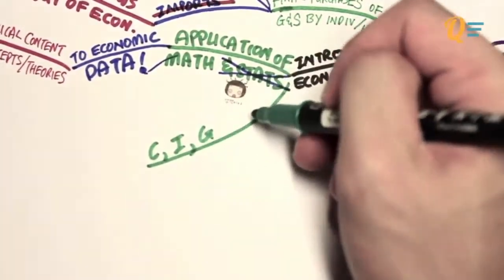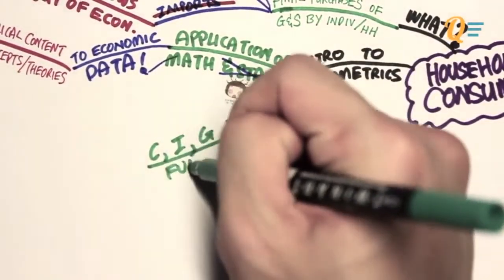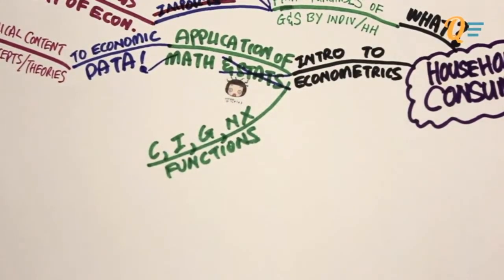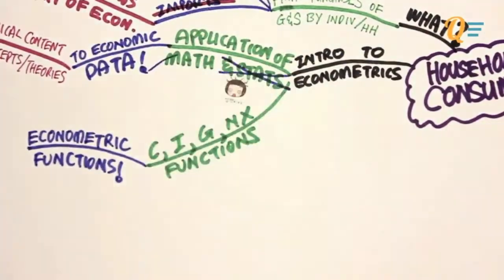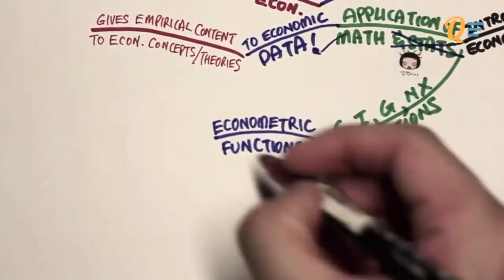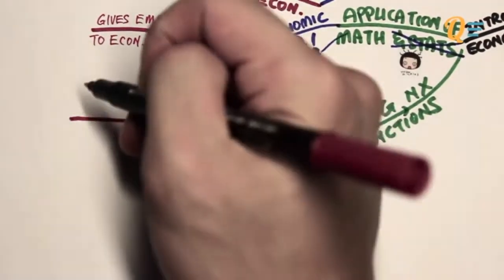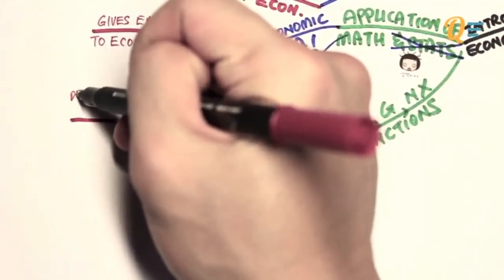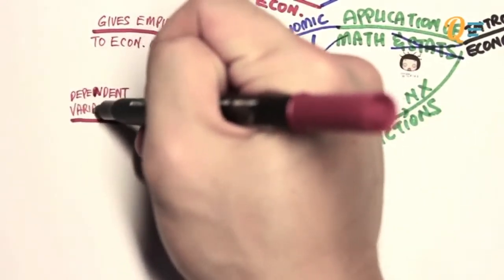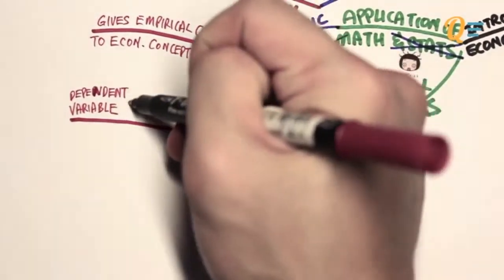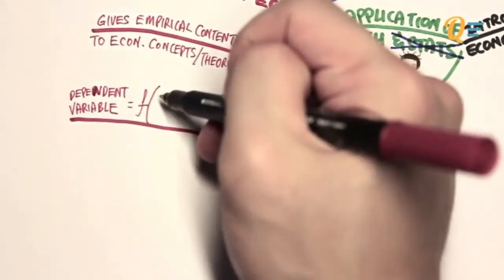So this brings me to how economists generate functions for consumption, investment, government spending, and net exports. So they use what we call an econometric function. So econometric functions are all about relationships, and how this works is you take whatever variable you want to estimate. In this case, we're going to talk about consumption, and we're going to call that the dependent variable.